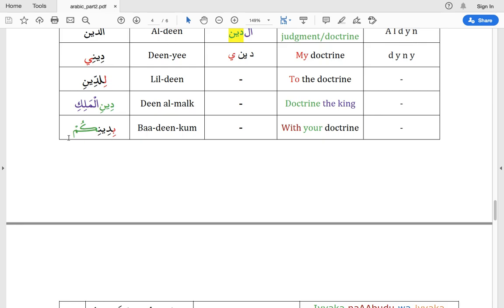Kum is your. The ba at the beginning means "with", as in lesson one we had Bismillah, where ba was "with" name, Bism. Here ba is again "with", and then deen we already determined means religion, doctrine, and kum means your. So, with your doctrine.